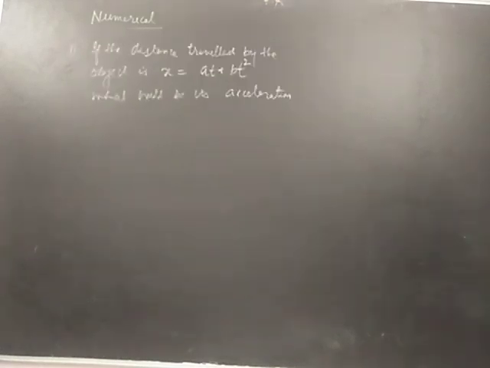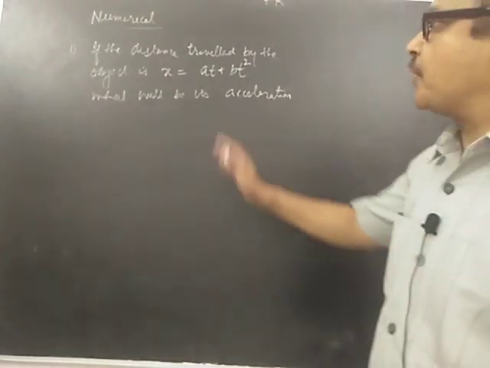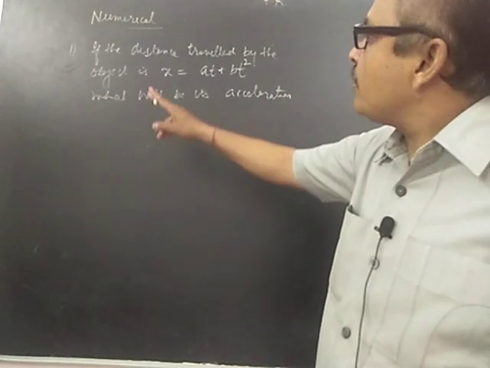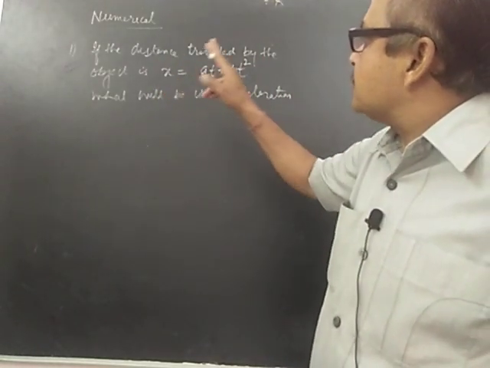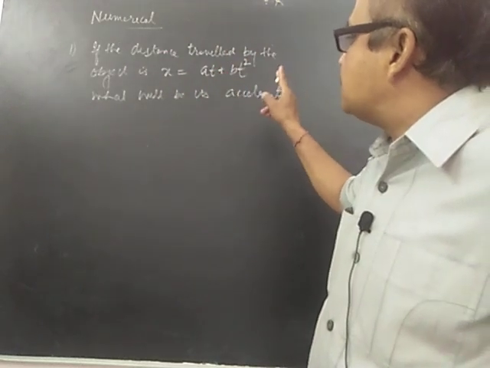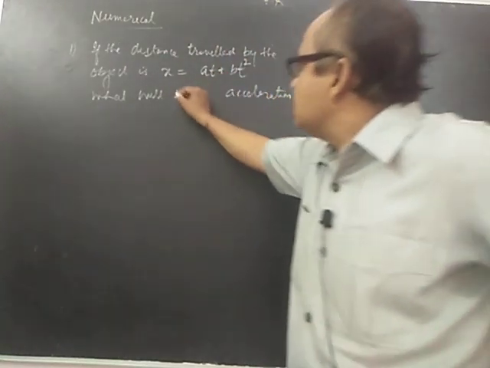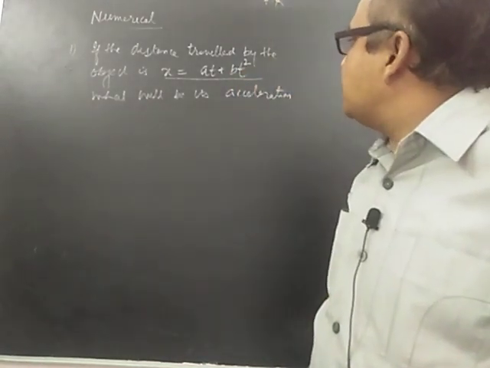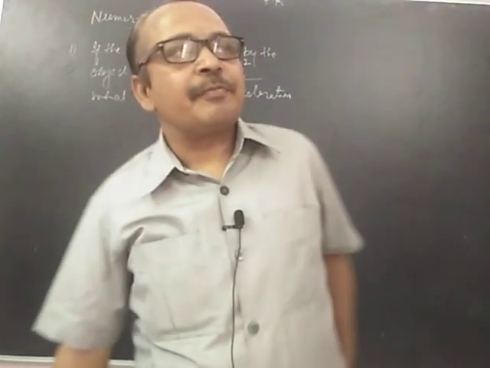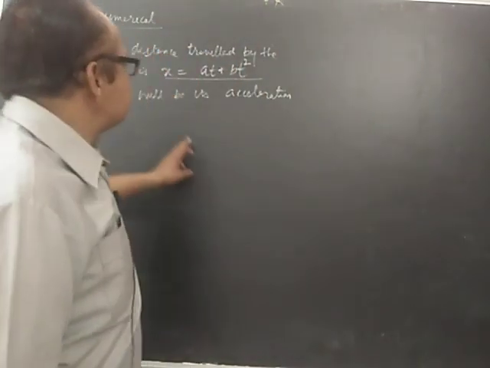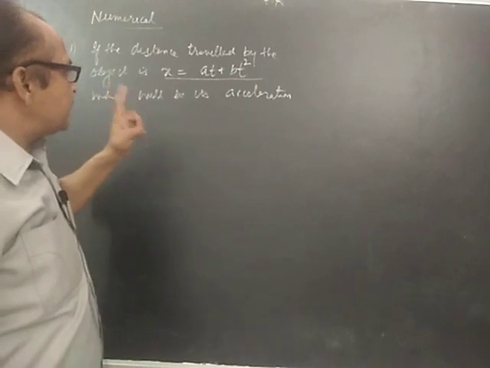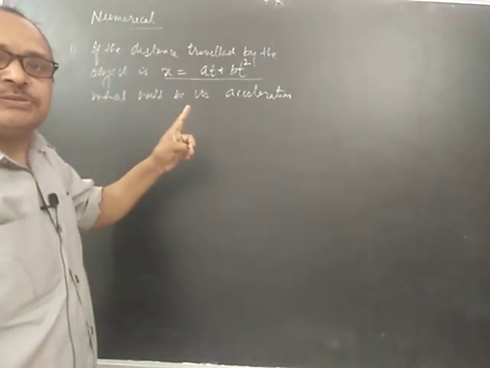So as you can see from the first numerical that we have written on the board, if the distance traveled by the object is x equal to at plus bt square, this is the distance represented by this equation.